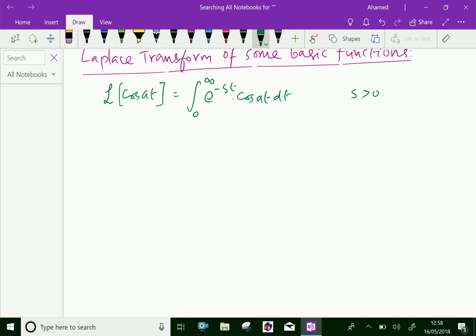That is, integral of uv equals first function, integral of the second, minus integral of differential of first and integral of the second. Regarding this, we'll do the integration of e power minus st into cos at equals first function, that is e power minus st into integral of second.